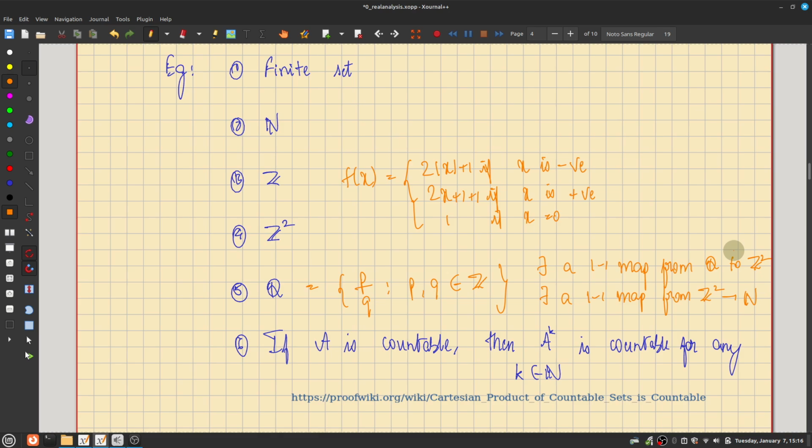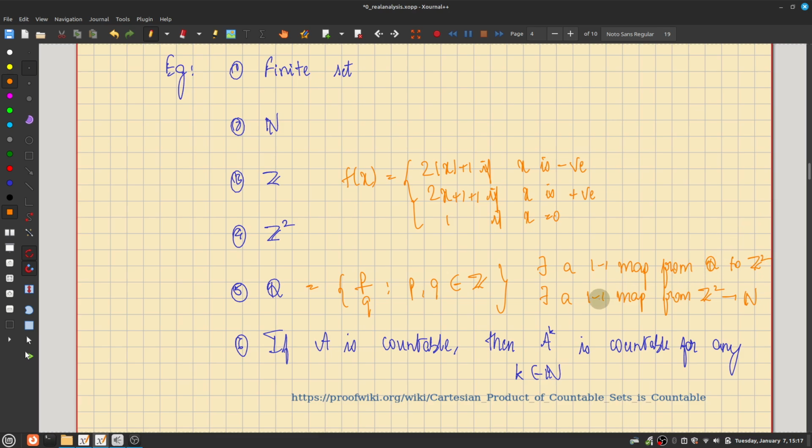Definitely this map from Q to Z squared is one-to-one. 1 comma 3 is mapped to only by 1 by 3. No other rational number maps to 1 comma 3. So this map is one-to-one, not onto, which is fine.